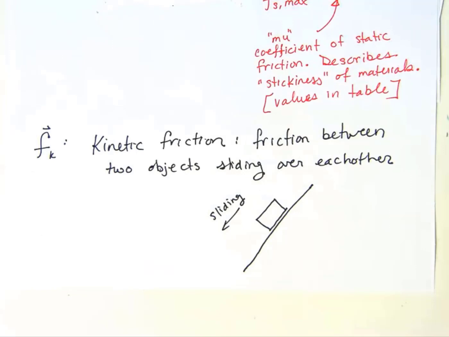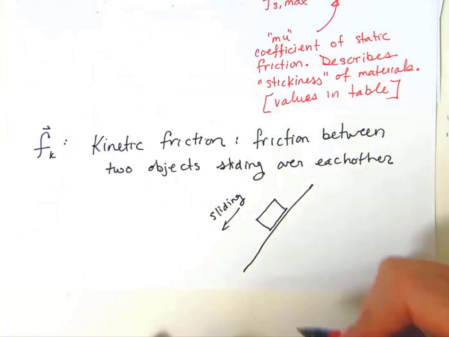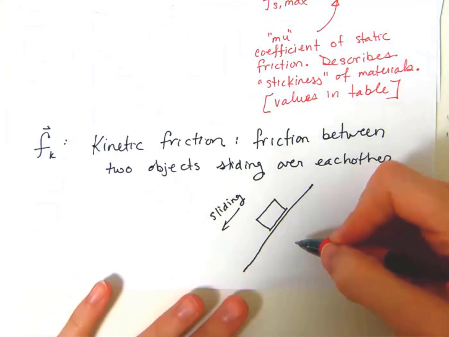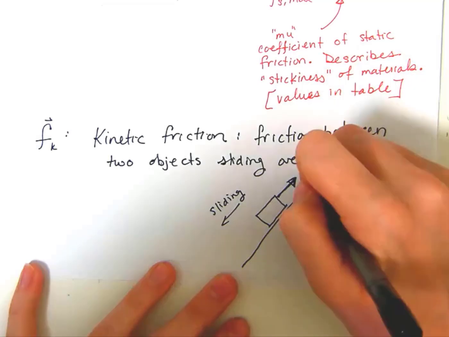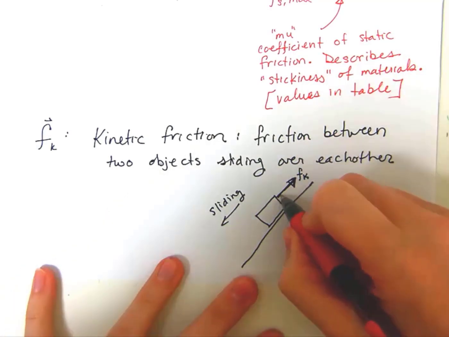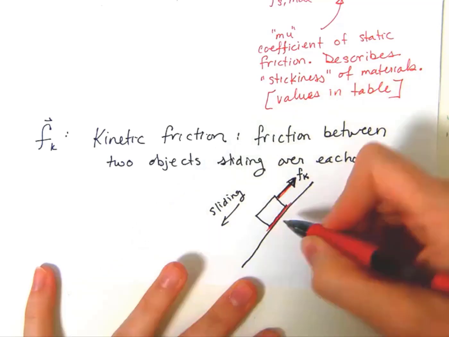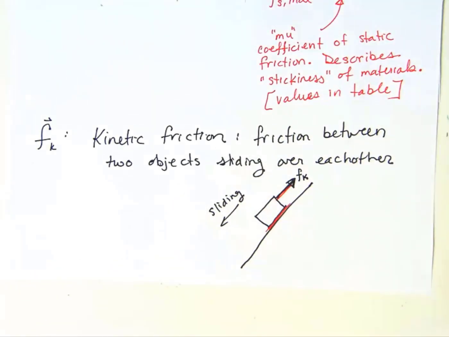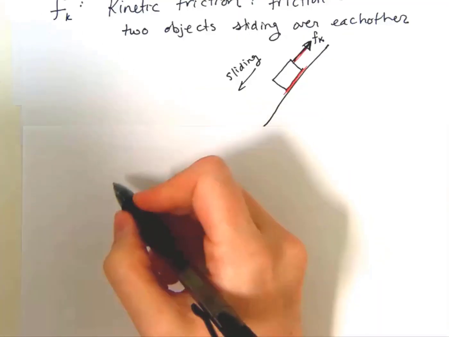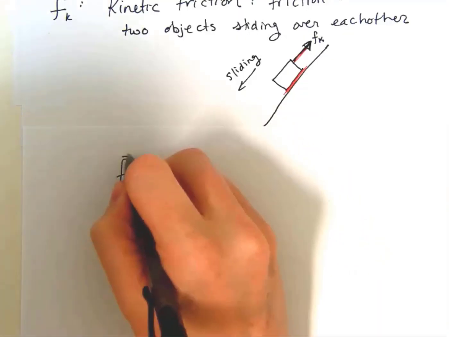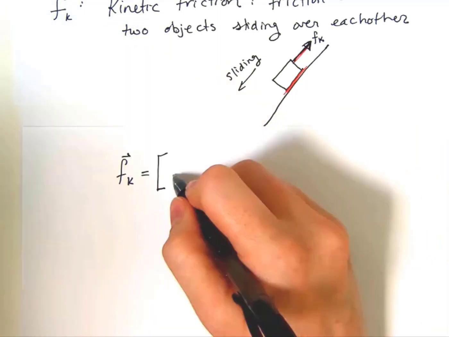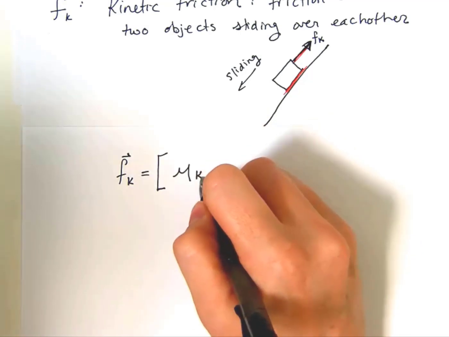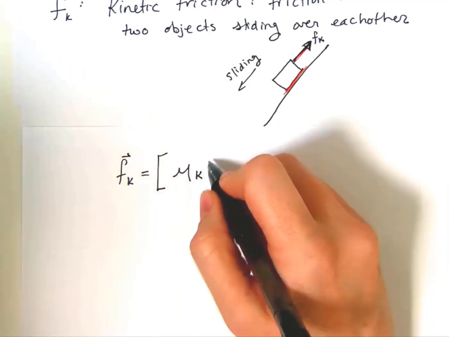Now I'm imagining like a wood block over a wood ramp. And so there is going to be some friction. So in that case, the friction is going to try to prevent the slip or try to slow it down. And make sure that your friction arrow is, again, parallel to the surface. So, kinetic friction is going to be equal to the coefficient of kinetic friction, so it's going to be a little mu k, times the normal force.